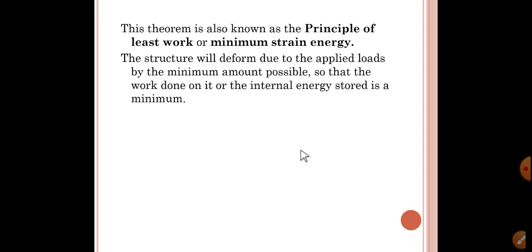Here we need a clear idea about how to find the moment at x, and we have to take segments for the different parts of the beam. Here we are going to differentiate the moment with respect to the fictitious load P, or else the unknown reaction as redundant.